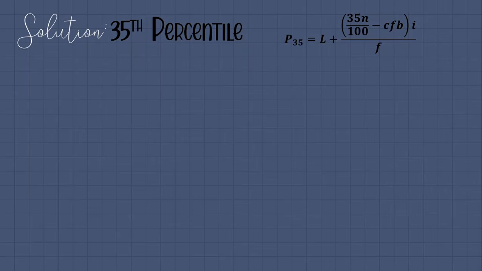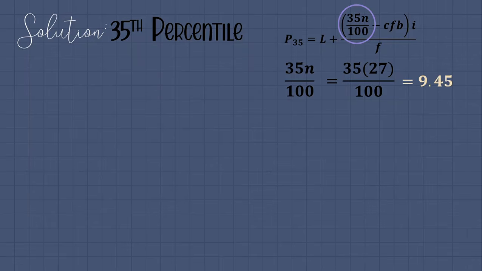Our first step is to get the fraction inside our parentheses, or in this case, we have 35n over 100. Again, our n is equal to 27, so we have 35 times 27 over 100. So 35n over 100 is equal to 9.45.